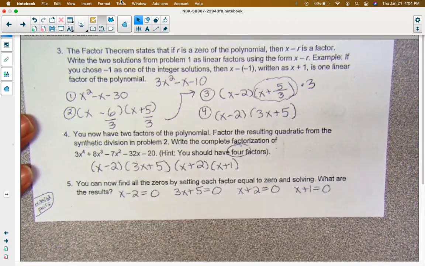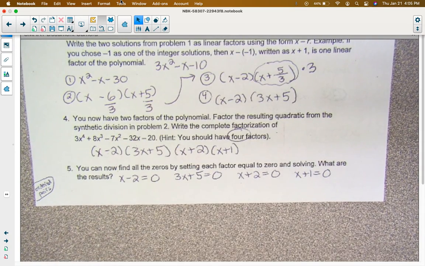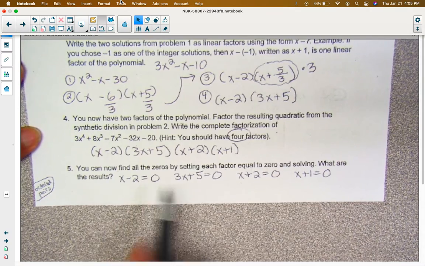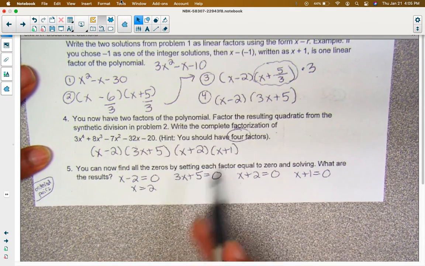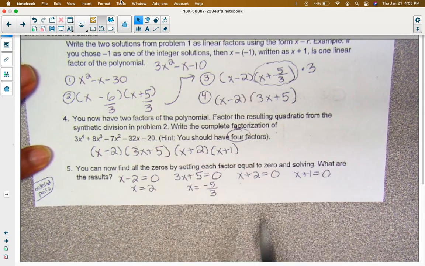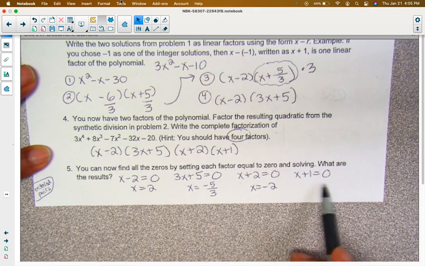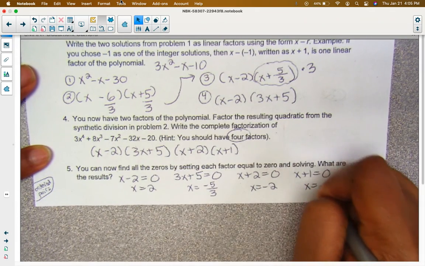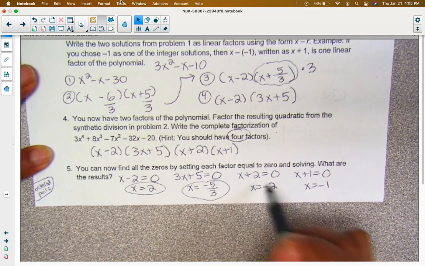These are all one-step equations except for the 3x plus 5, but they're not bad. You can easily solve. Add 2 to both sides. I get 2. Subtract 5, divide by 3. Subtract 2 from both sides. And subtract 1 from both sides. So we have our 4 solutions.